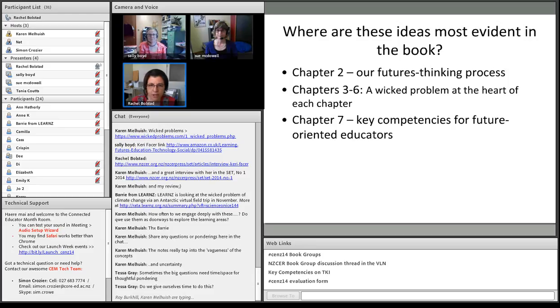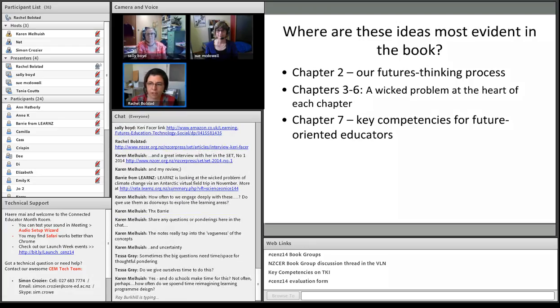In chapter 2, we talk about that futures thinking process, and then in chapters 3 to 6, each one has a wicked problem ranging from climate change to social equality, and each chapter works backwards from that wicked problem through to looking at practices in schools, including stories from New Zealand schools and classrooms. And Chapter 7 addresses that gnarly question of what competencies we think we will need if we want to take on the challenge of being future-oriented educators.